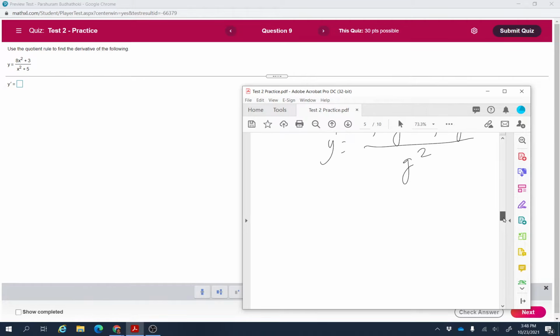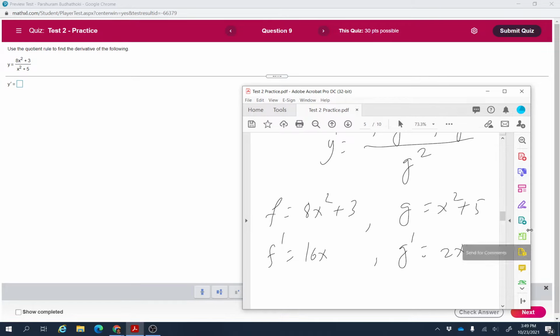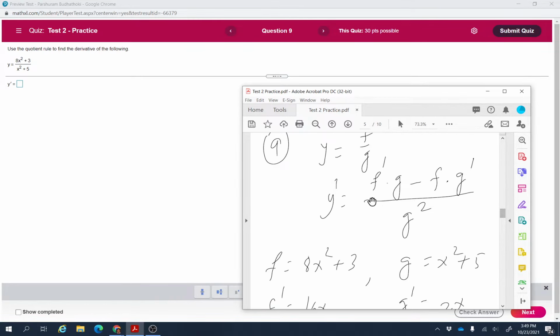So in our case, the top function is 8x squared plus 3, the bottom function is x squared plus 5. The derivative of the top function is 16x by using the power rule. The derivative of the bottom function is 2x. We're going to plug these values f, g, f prime, g prime back into the formula.